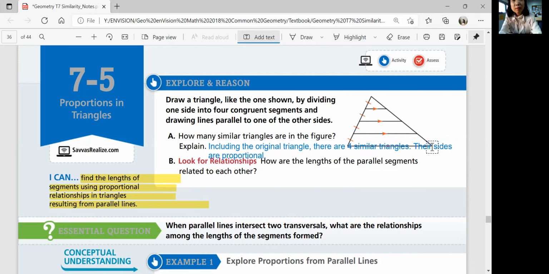Okay, how are the lengths of the parallel segments related to each other? What about the parallel segments? Are they proportional as well? Well, the shortest segment is half the second shortest, 1/3 the second longest, and 1/4 the longest. Yeah? Because they're parallel and they're equally divided.